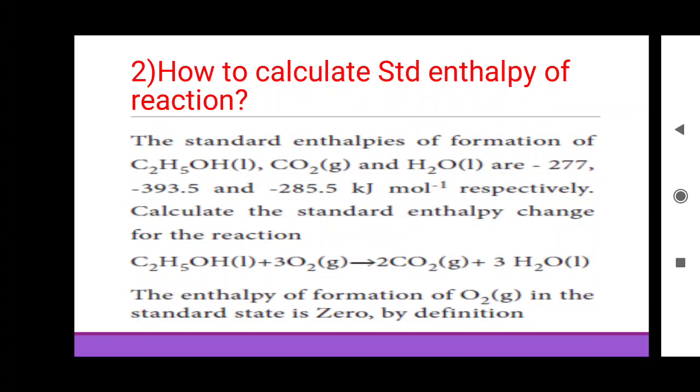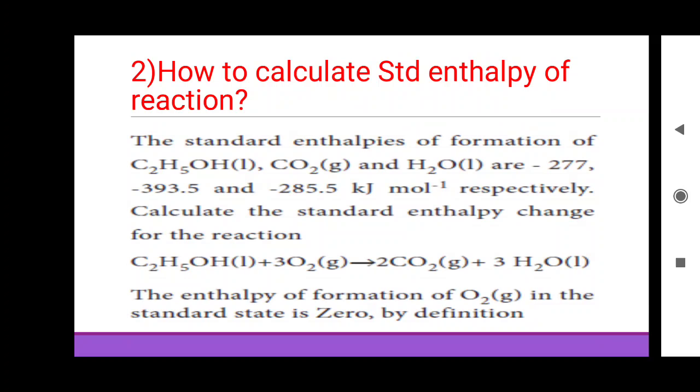First we should write the equation. The equation is also provided in the question. So ethyl alcohol is oxidized, and gives carbon dioxide and water. The balanced equation is also given. So we have to find the enthalpy of a reaction.